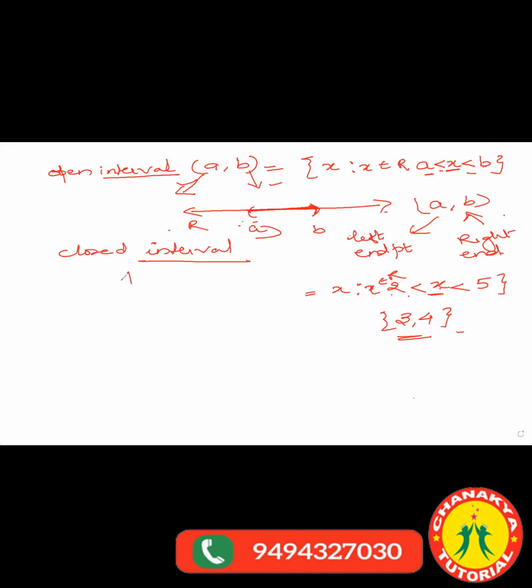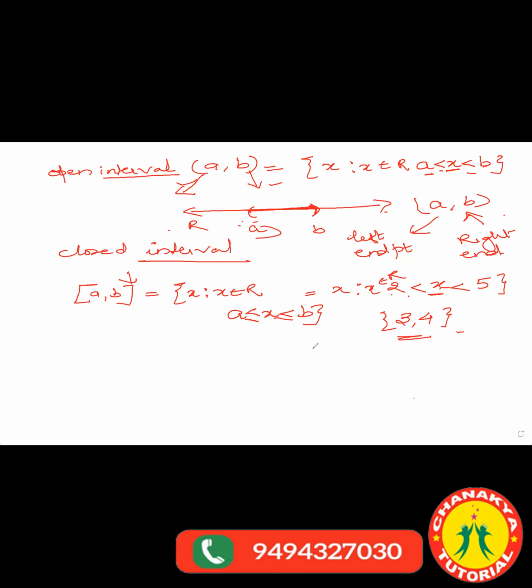Okay. Now come to closed interval. In closed interval, you will mention the interval like this: X such that X belongs to real numbers and A is less than or equal to X and X is less than or equal to B. Is it clear?